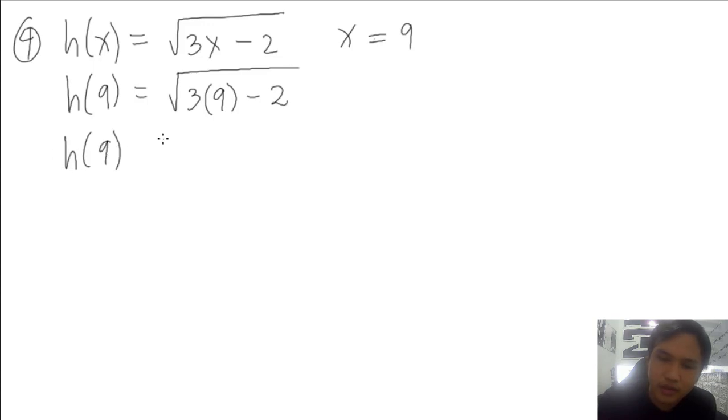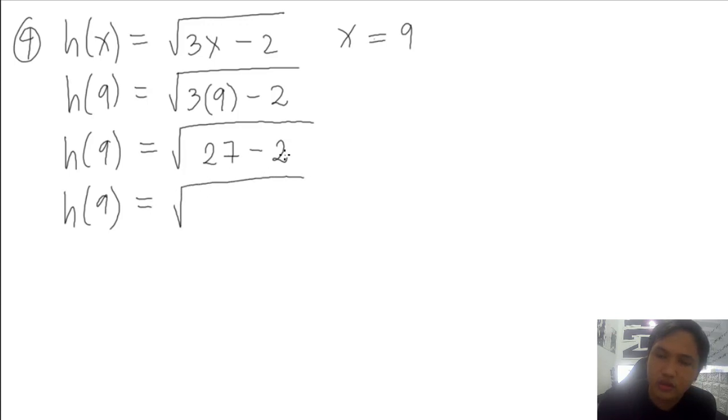So, h of 9 natin magiging square root of 3 times 9 is 27 minus 2. H of 9 equals square root of 27 minus 2, 25 yan. And kung kabisado nyo yung mga square roots natin, the square root of 25 is 5. So, tama. So, in-evaluate natin at x equals 9 yung function, ang result is 5.